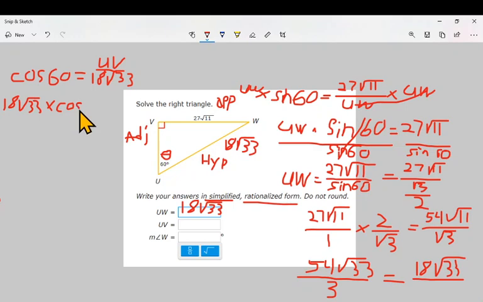The 18 square roots of 33 cancel out, and so all we are left with is just side UV, like we planned. Alrighty. Before we multiply 18 square roots of 33 together with cosine of 60, we should convert that cosine of 60 using the unit circle first.